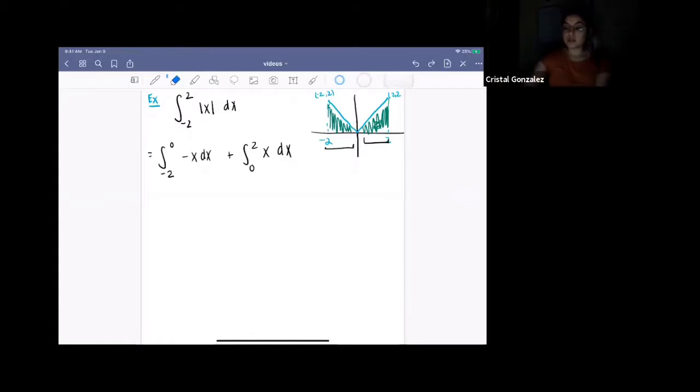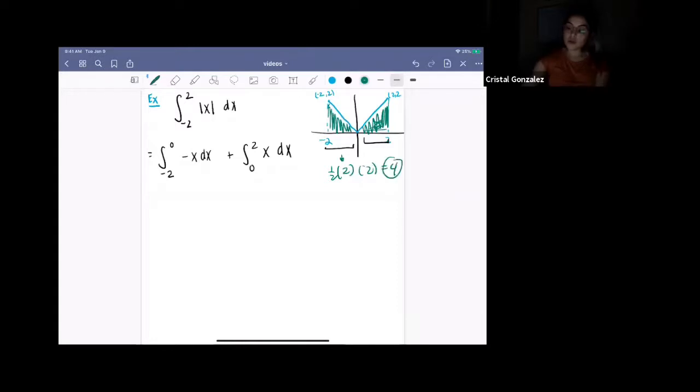It's going to be 1/2 base times height. And notice these areas are actually going to be the same, so we really could just find one and add the other one. So 1/2 base times height, my base here is going to be 2, and then my height is still 2.